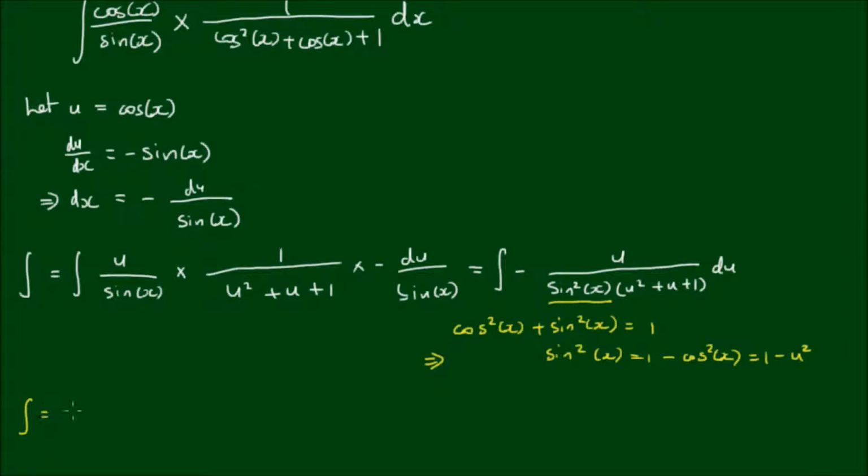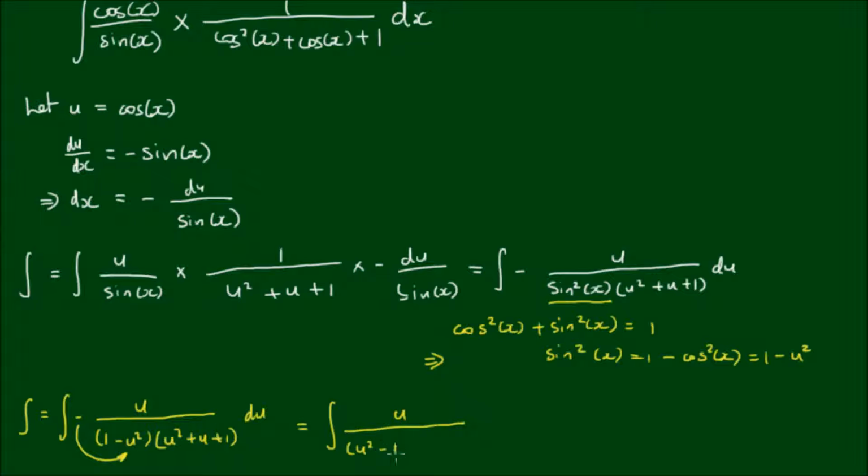So the integral becomes the integral of negative u on 1 minus u squared by u squared plus u plus 1 du. Now I'm going to take this negative into this expression here, so it becomes the integral of u divided by u squared minus 1 by u squared plus u plus 1 du.